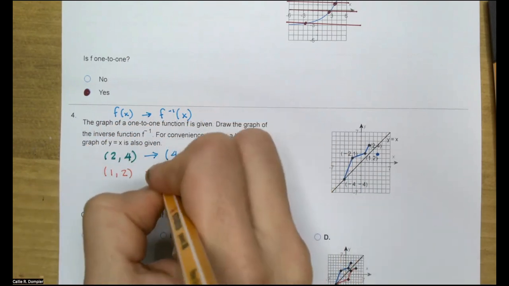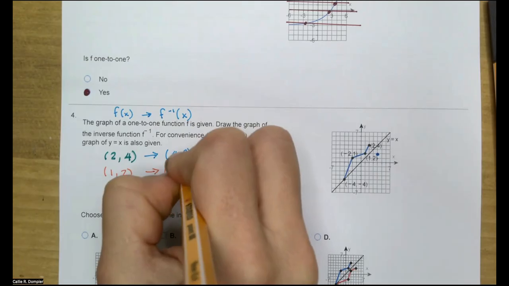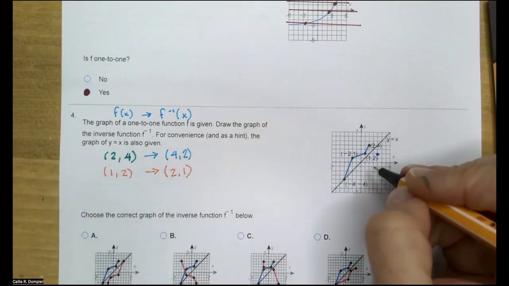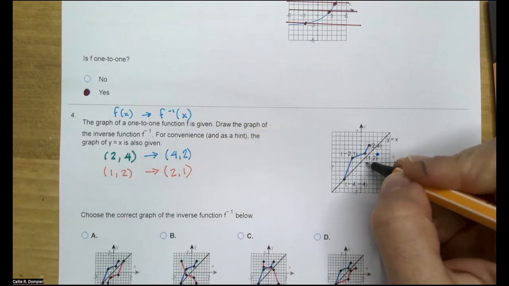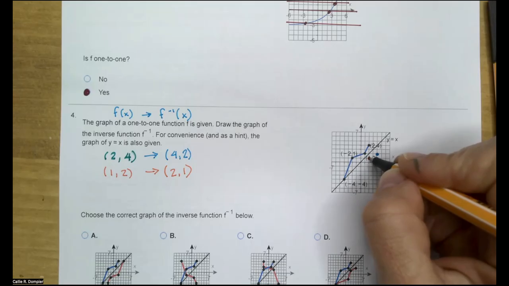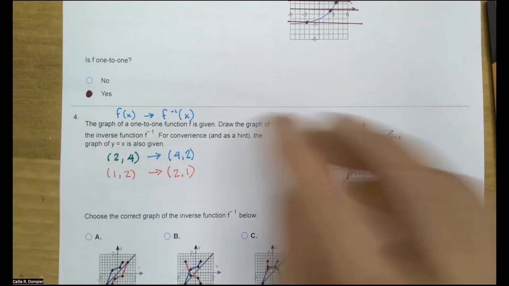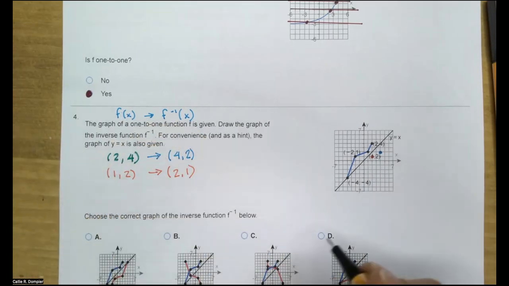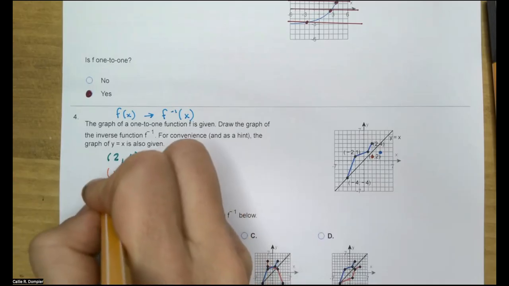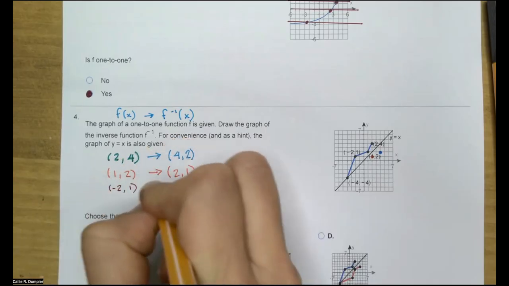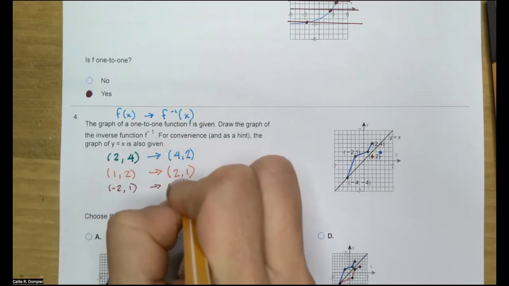The inverse function would be 2, 1. So we flip the x and the y. Over 2, up 1. Then we've got the point -2, 1, which becomes 1, -2.